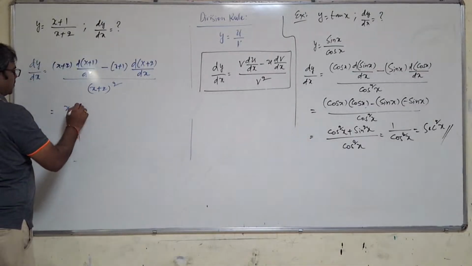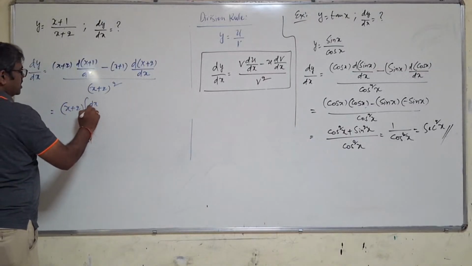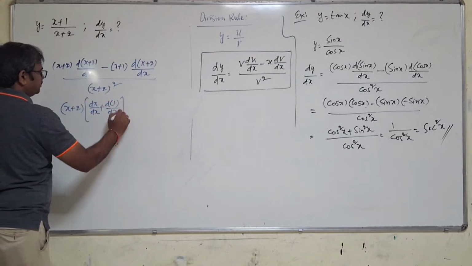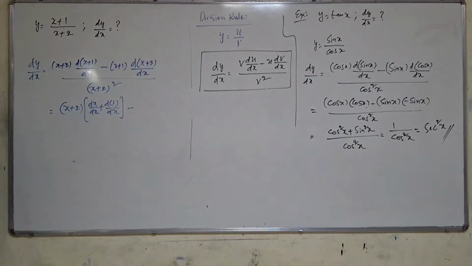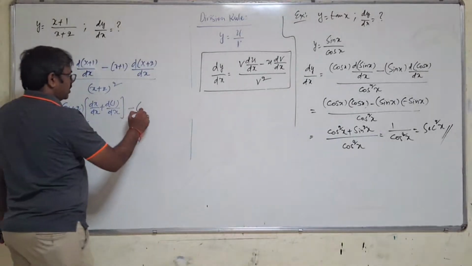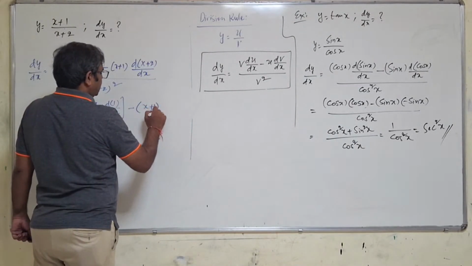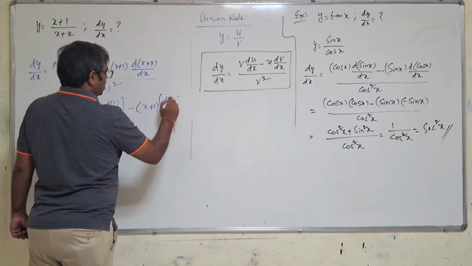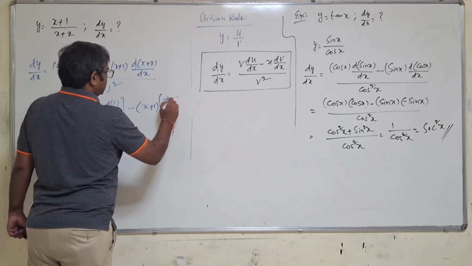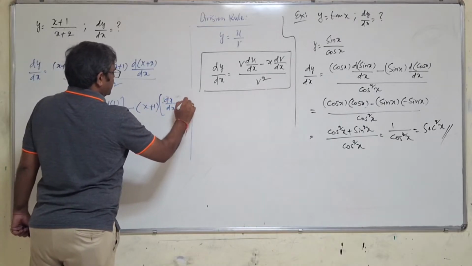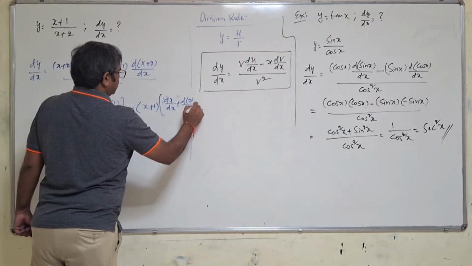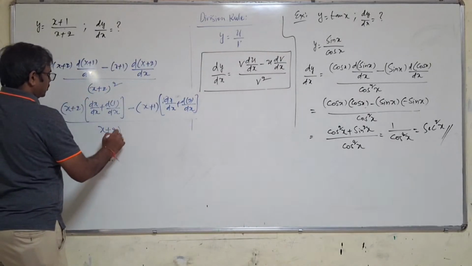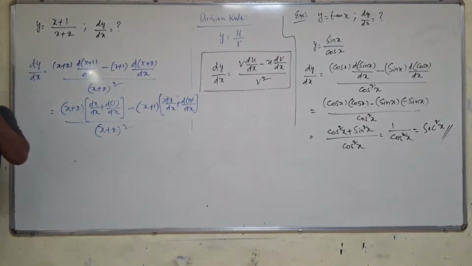So this is (x+2) into dx/dx plus d1/dx, minus (x+1) dx/dx plus d2/dx, by (x+2) whole square. Right?